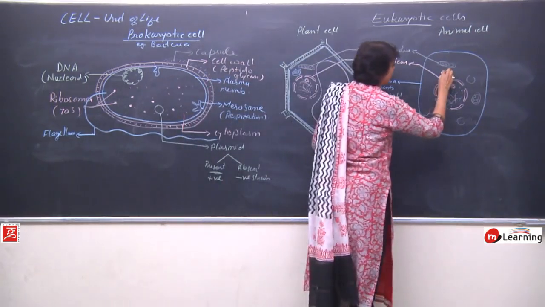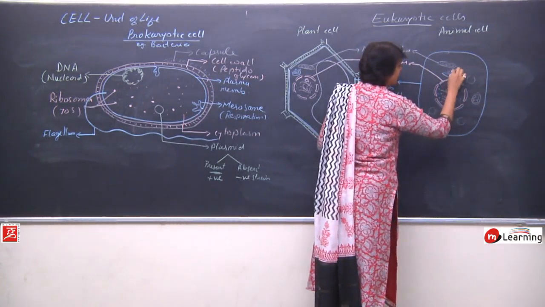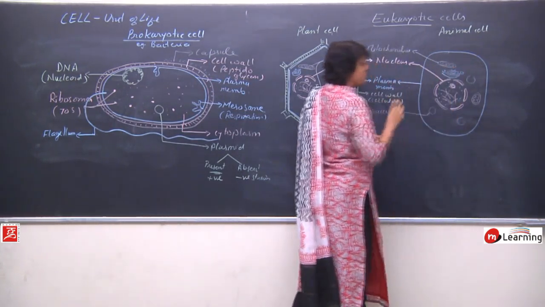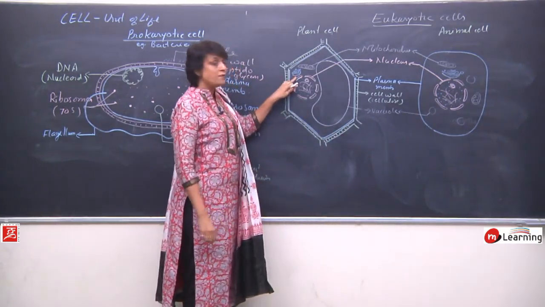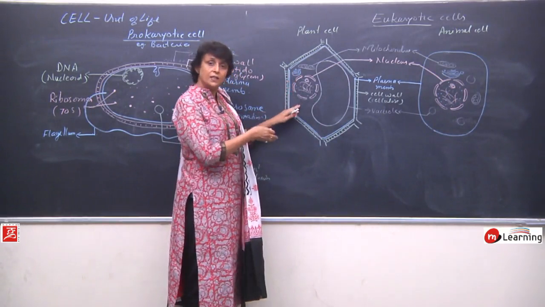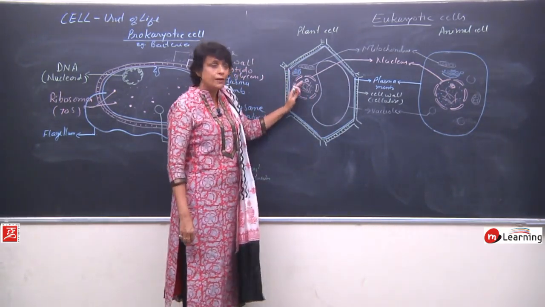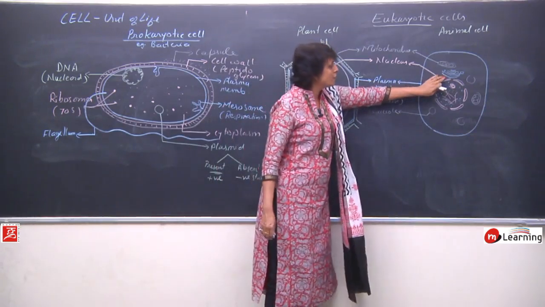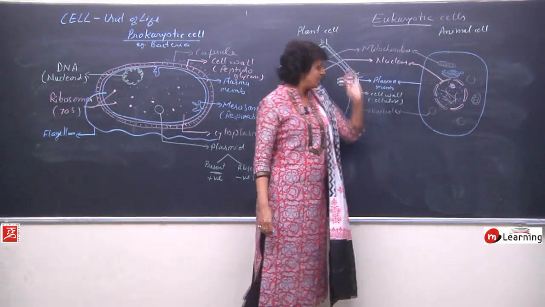In animals, normally the number is one. Whenever we draw the Golgi complex, we have to remember that the convex side should be facing the nuclear membrane. Why this happens, we will study when we come to the organelle. So here also we have shown the convex side towards the nucleus and the concave side towards the plasma membrane.